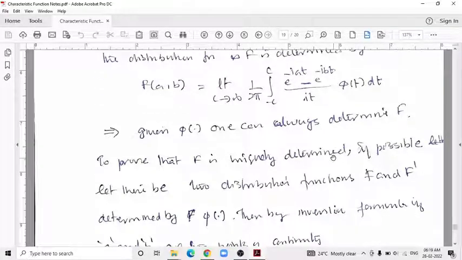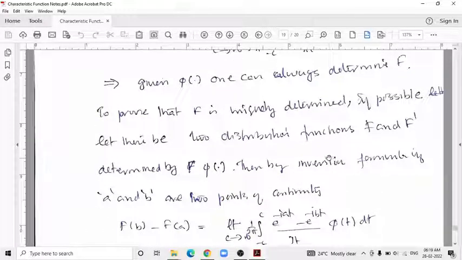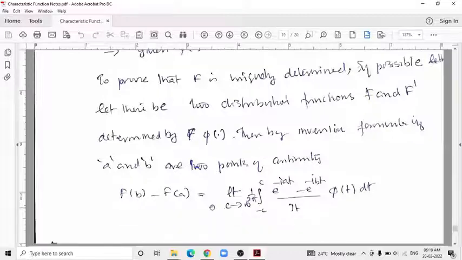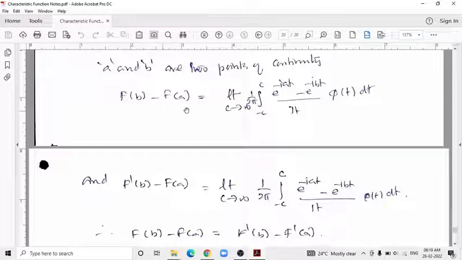Since both are distribution functions, both have the features of a distribution function. So F of b minus F of a, by the inversion formula, and F dash b minus F dash a, is the same thing. Please treat it as F dash a, not F of a. Since both are distribution functions, both are determined from the characteristic function using the inversion formula.